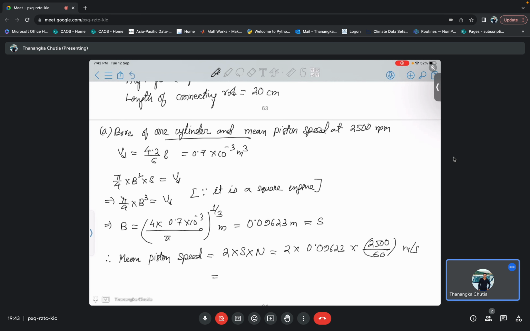Okay, 2 into 0.09623 into 2500 divided by 60, 8.019 meters per second. 8.019 meter per second.